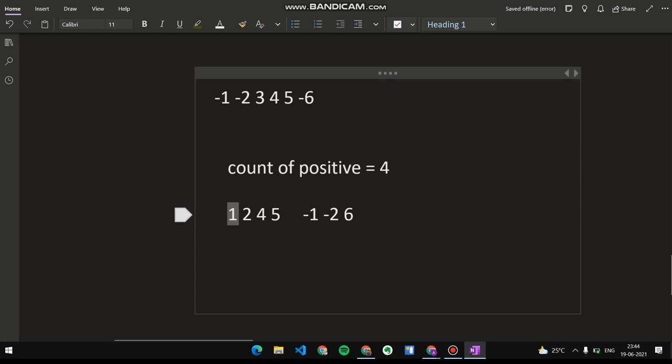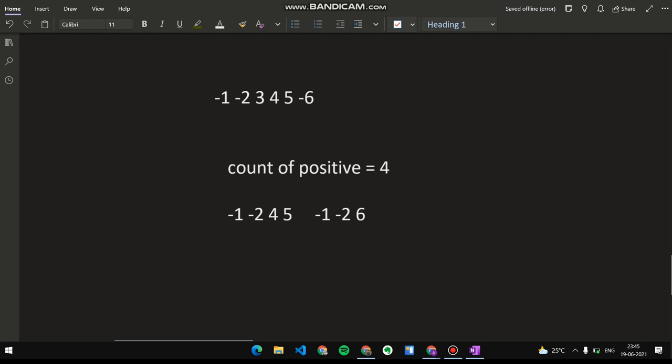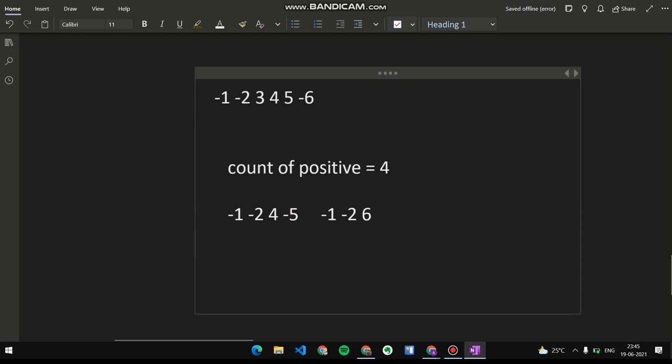At the first index, we can make this number negative as a sign that the number 1 is present in the array. Similarly for 2, we can make the second number negative, and when we get to the fourth number, we can make the fourth number negative, and when we get to the fourth element, which is 5, we can see that 5 is greater than the count of positive, so it has no significance.